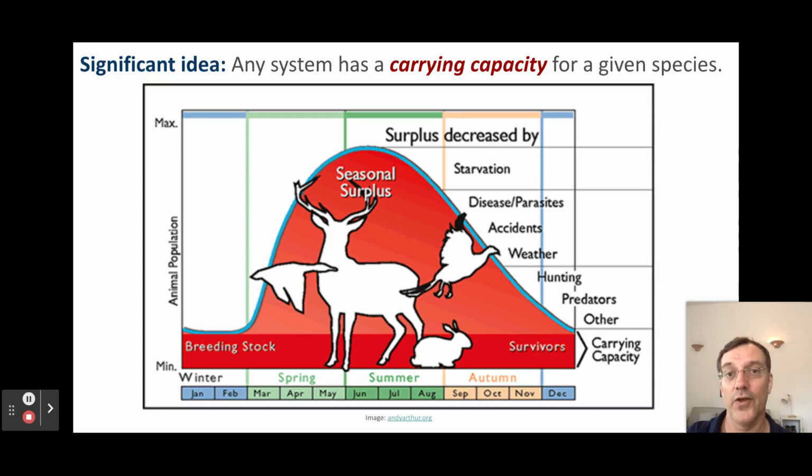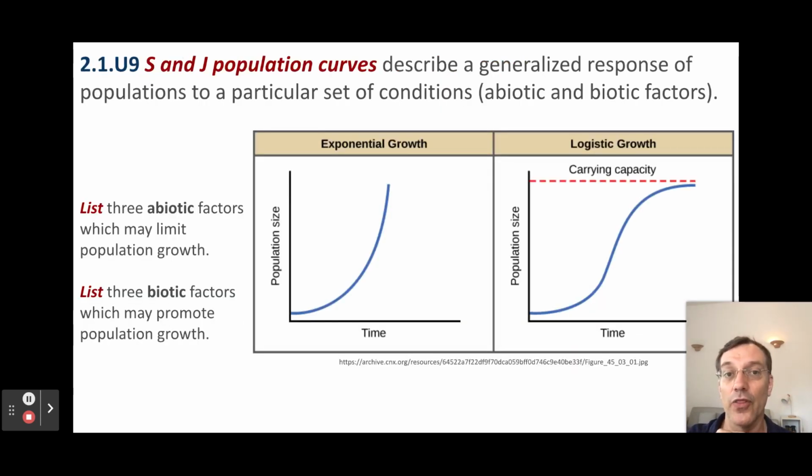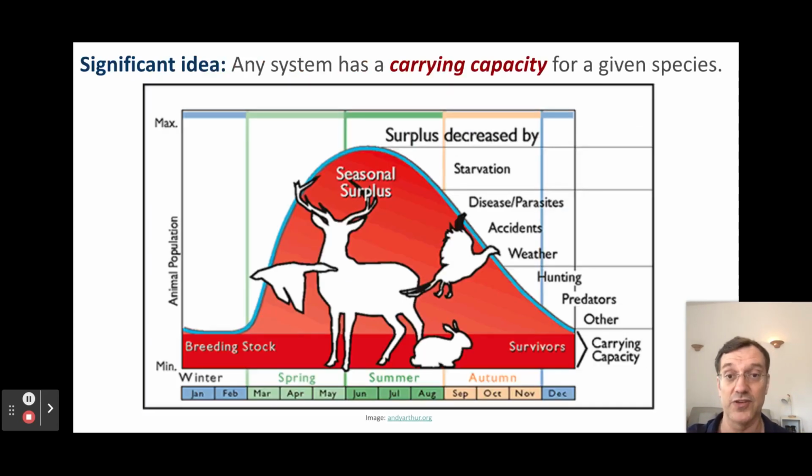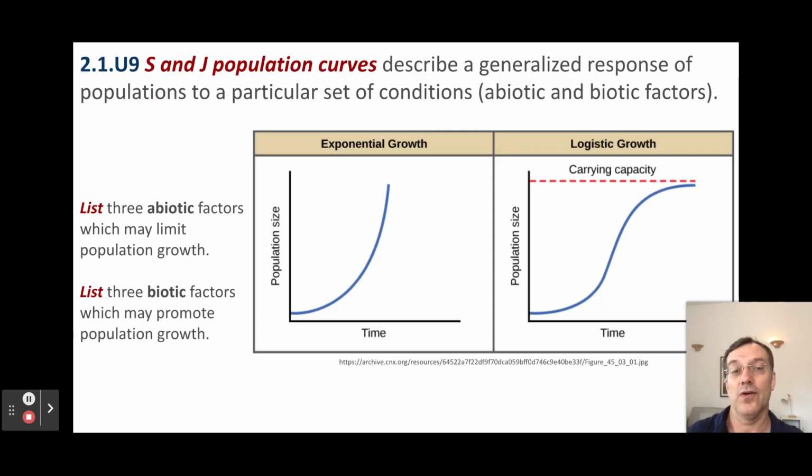Big idea. This is a vocabulary word you need to know. Carrying capacity. Right? And you can see it here. This is the breeding stock or the number of survivors in that annual cycle of life and death. And the way that populations grow and change and respond to the selective pressures that we have right here defines what kind of survival strategy that species uses.